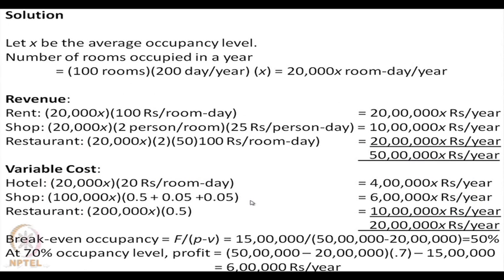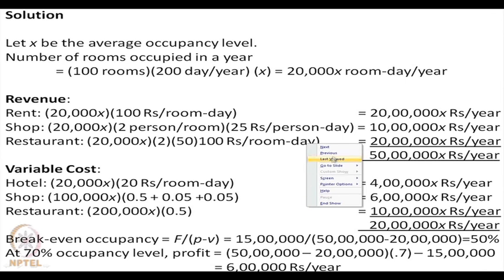Now, the break even occupancy is equal to the fixed cost divided by the contribution margin, which is the unit price or revenue minus the unit variable cost. So, P minus V, and this is coming as 50%.